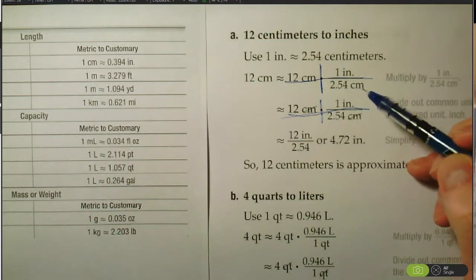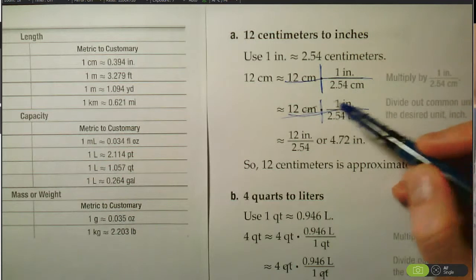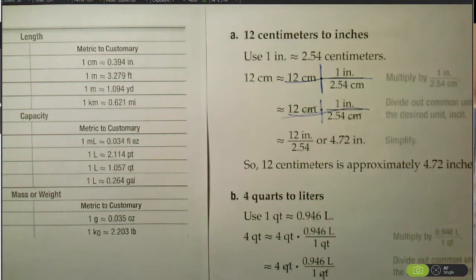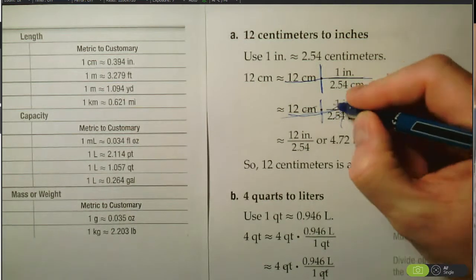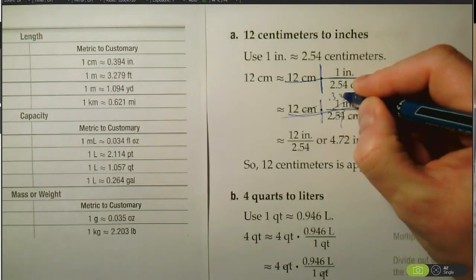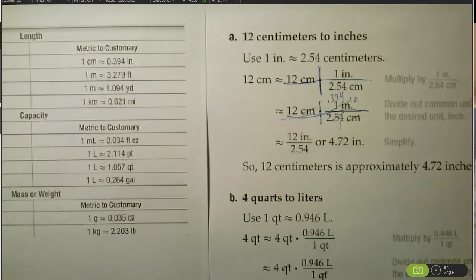So they would sort of flip that. And so now it would still cancel off centimeters to inches. It just would be, instead of you dividing 12 by 2.54, we'd end up multiplying. See, I just swap those out. It'd be 12 times 0.394 inches.